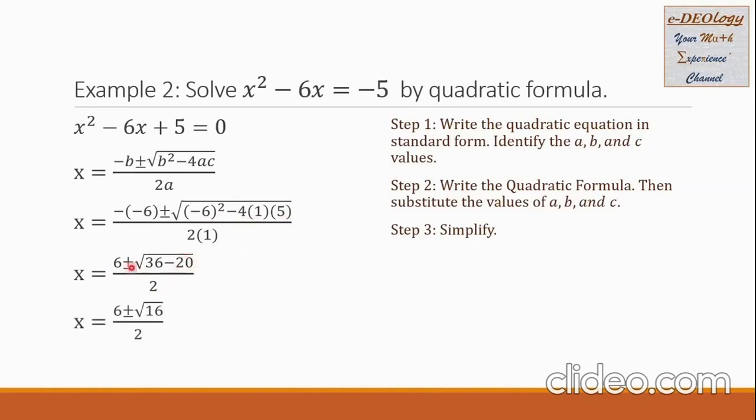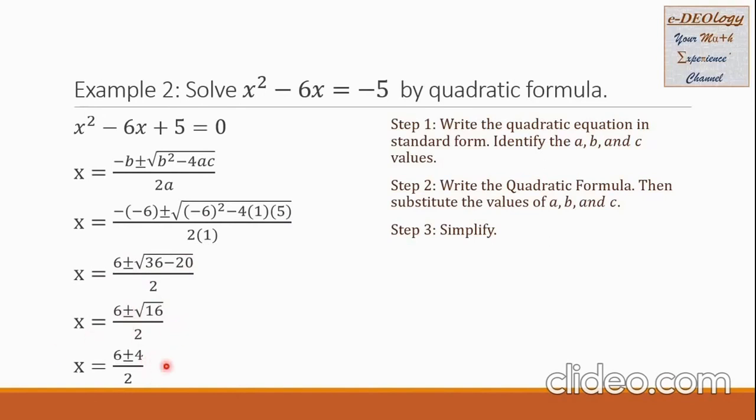And then we will simplify the 36 minus 20. It is now 16. So our radical now is square root of 16. And then we can simplify the square root of 16 into 4.